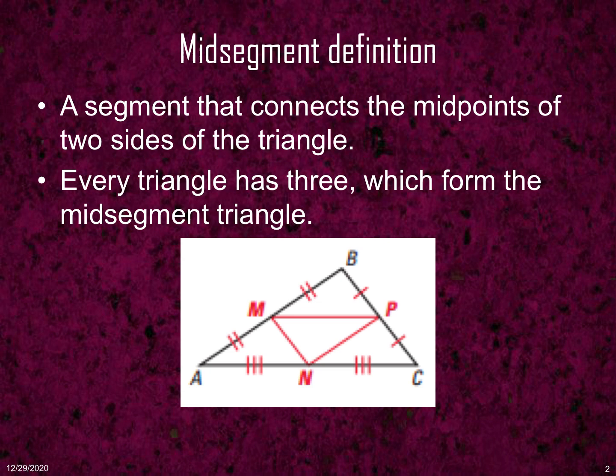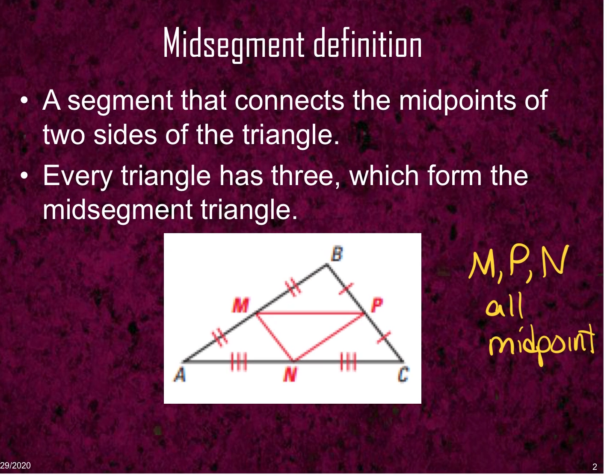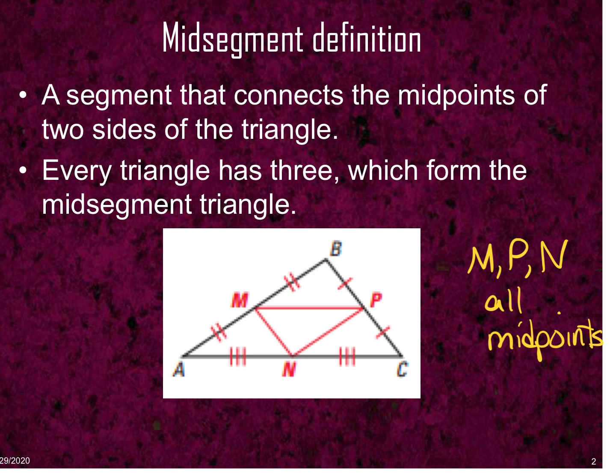So in this particular picture that's here, points M, P, and N, these are all midpoints. And I can tell that they're all midpoints because of the congruency marks on the side. Because remember, once something is a midpoint of a segment, it splits that segment into two congruent pieces.